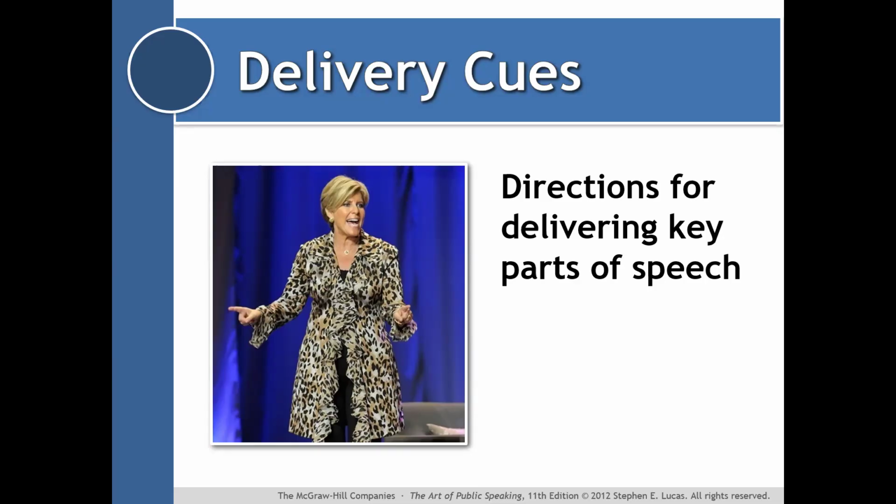Like if I am going to point to a visual aid, especially if I'm in a physical classroom, and I want to remember to point to the aid and I'm scared that I won't remember to do that, I might even write point to graph, right? That would be a delivery cue.